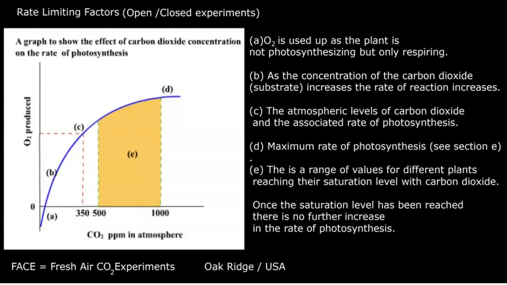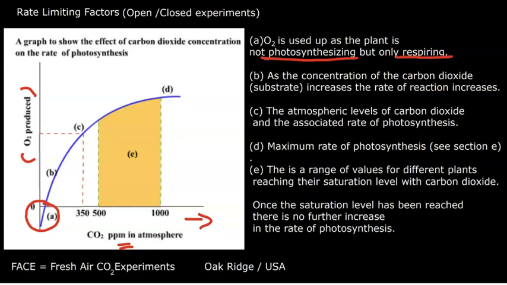So this is the graph of the effect of carbon dioxide on the rate of reaction, measured here as oxygen production, and then across here we've got carbon dioxide levels recorded as parts per million in the atmosphere. So to quickly go through the stages, notice this unusual beginning phase of the low levels of carbon dioxide, where they are so low that photosynthesis is not actually occurring, and yet we do have respiration.